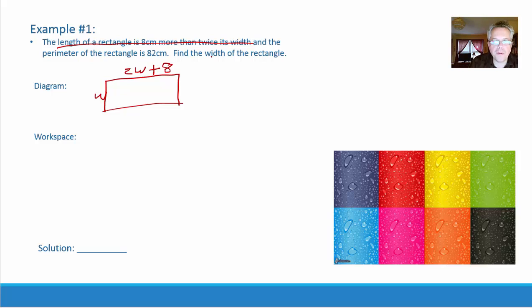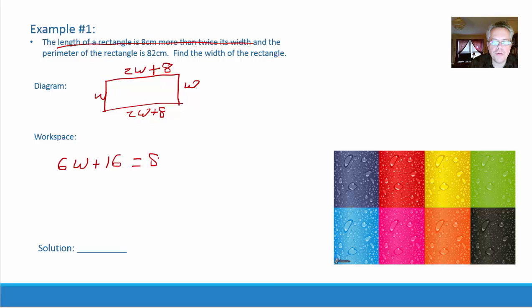Okay, that's kind of the hard part, is getting the diagram and the setup here. Writing the equation and solving it is going to be no problem for you guys. So I went and labeled all the sides so we don't forget to include them all when we find the perimeter. So if we add up all the W's, 2W plus another is 3, plus 3 more is 6W. And when I add up the constants, 8 plus 8 is 16.